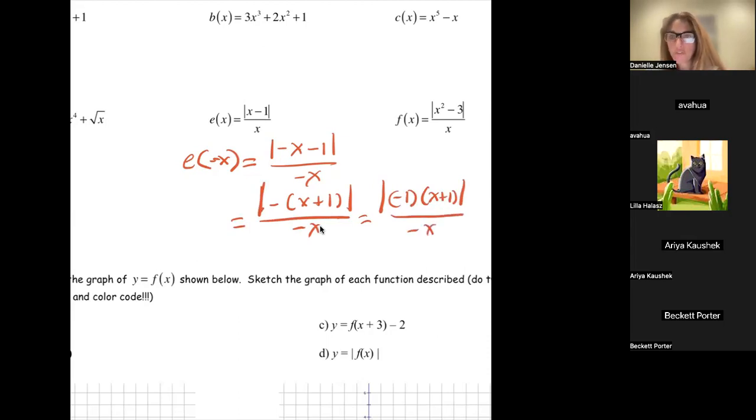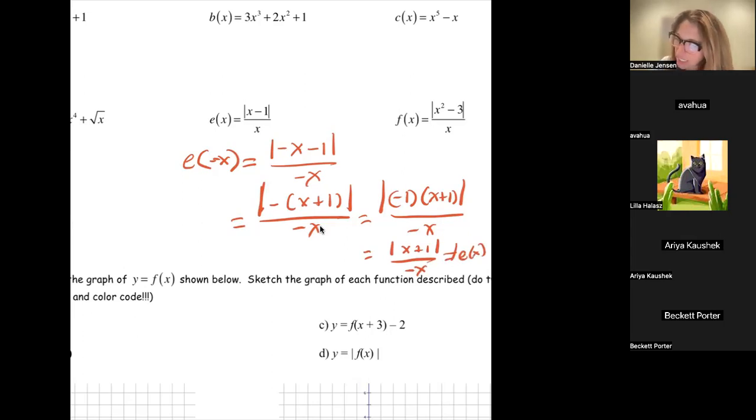And the absolute value of -1 would just be what? 1. So I could rewrite by plugging in -x. It equals the absolute value of x plus 1 over -x. Is that equal to the original? No, it's not equal to e of x, so it's not even.